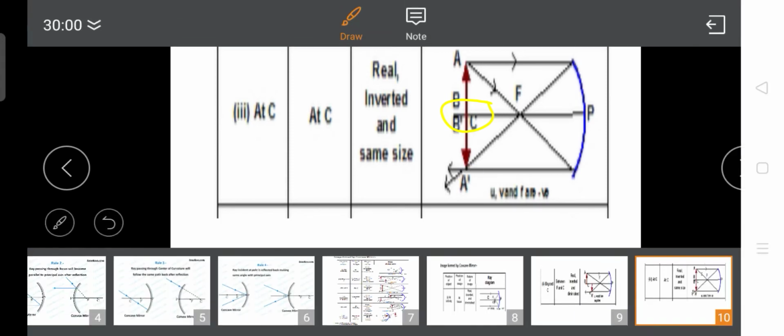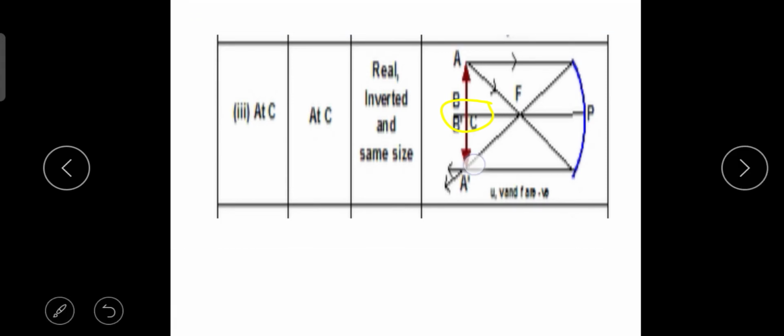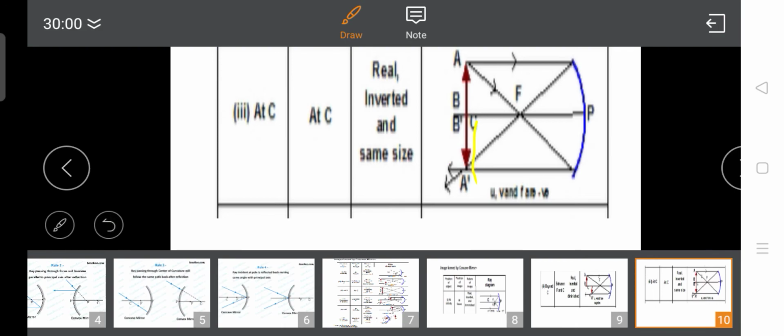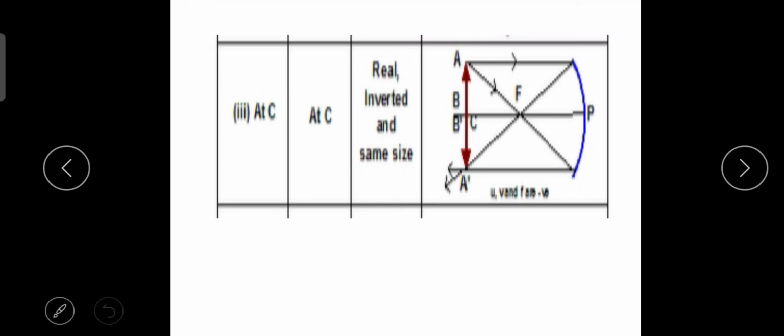The intersection is taking place at the center of curvature. So if the object is placed at the center of curvature, the image is also formed at the center of curvature itself, and that image is real because it is formed in front of the mirror.